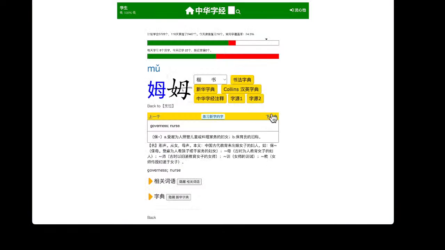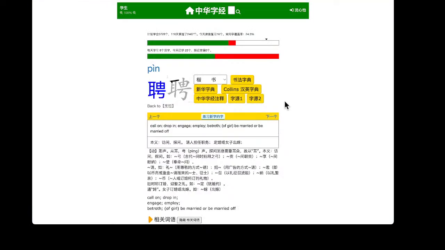So let's move on. Next one, 聘. Okay, the original meaning of 聘 is to ask and find out what's going on, by visiting.